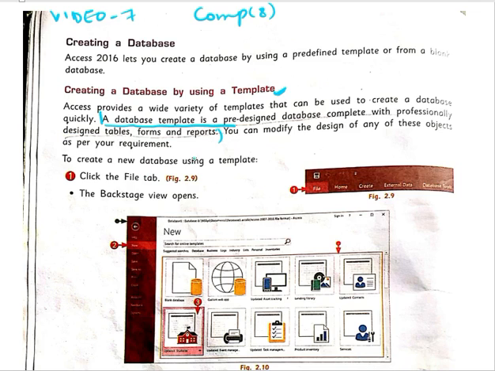To create a new database using a template, after opening Access, click on the File tab.